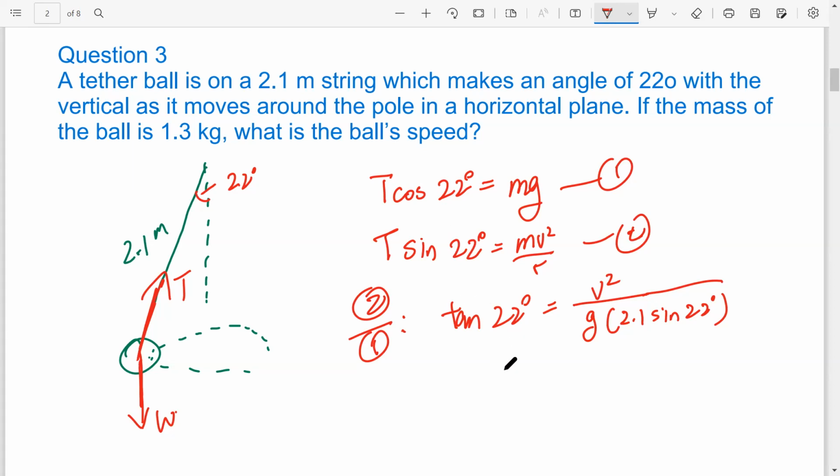So I get v as 1.76. Is that the answer? Yeah. Which is around 1.8. Answer C.